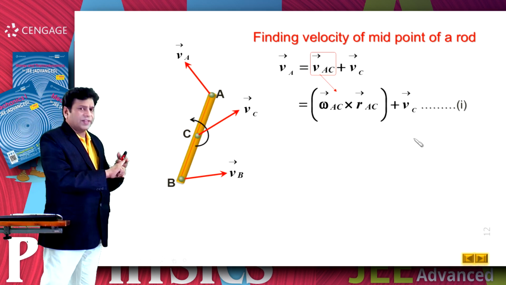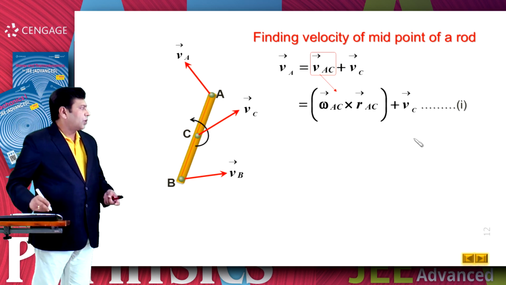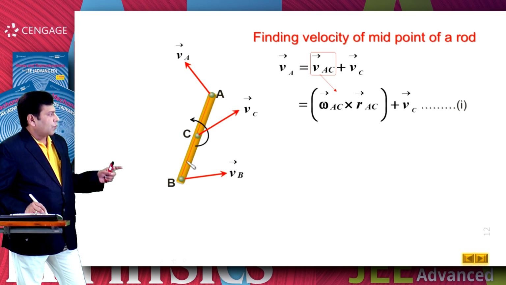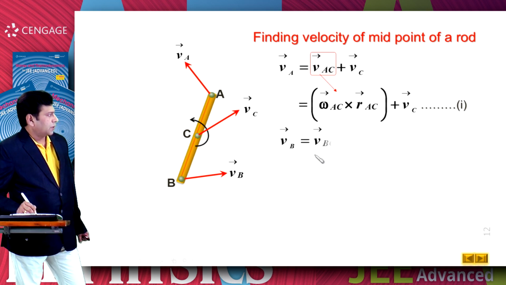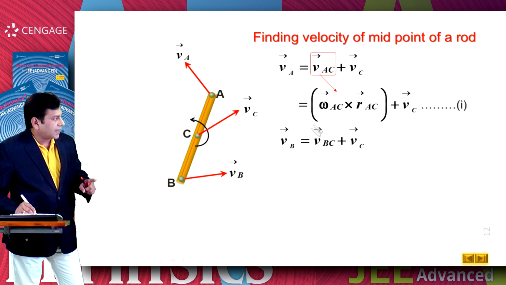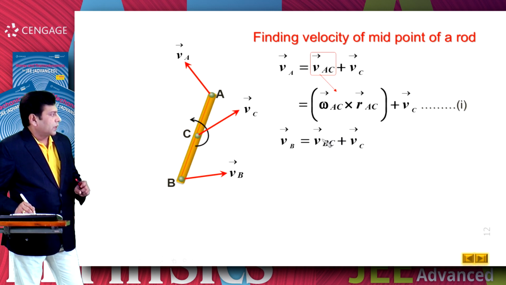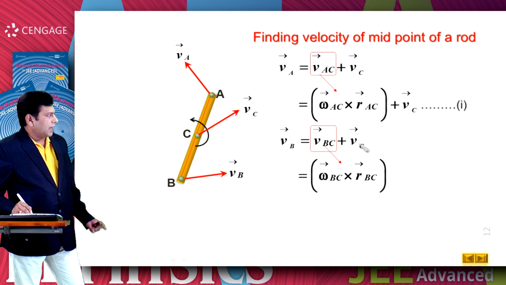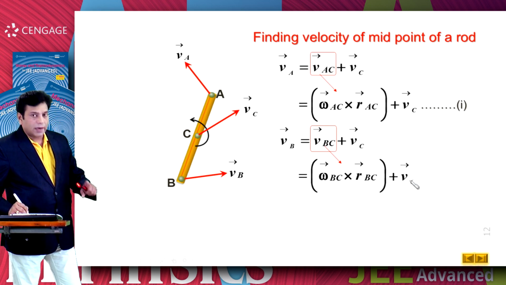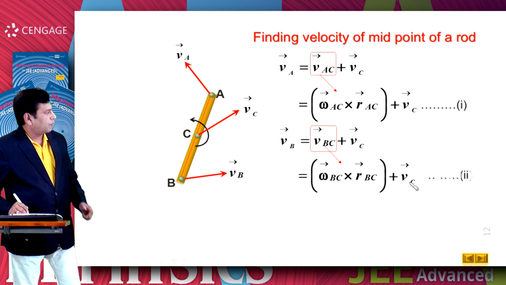Now in a similar fashion, we can write the velocity of point B as velocity of B with respect to C plus velocity of C. And in a similar fashion, we can write the expression for VBC, which will be equal to omega BC cross product RBC, like this. And this term VC can be written as it is. Let this be equation number 2.